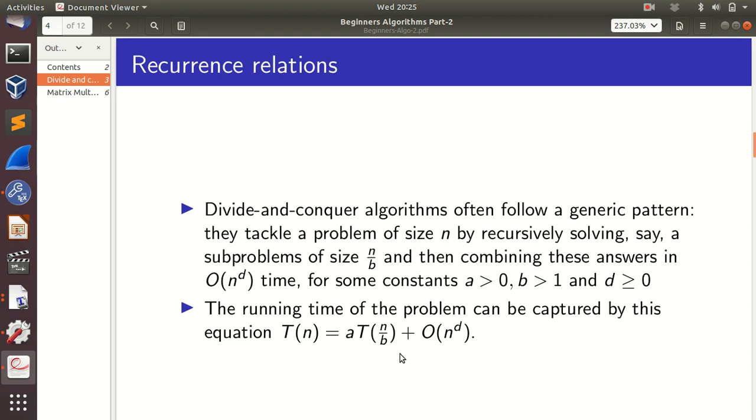By that logic, if your smaller problems have size n by b, each of them will take time T(n/b). And since you have a of those sub problems, it will take a T(n/b). And for combining the answers of the smaller sub problems and getting the answer of the actual problem, it takes some time of order n to the power d. So this is the recurrence relation of time.